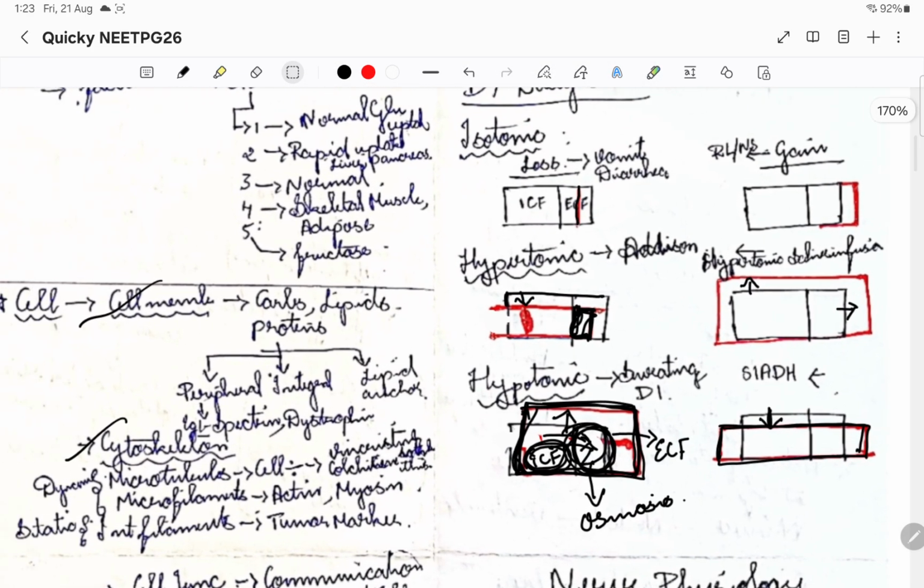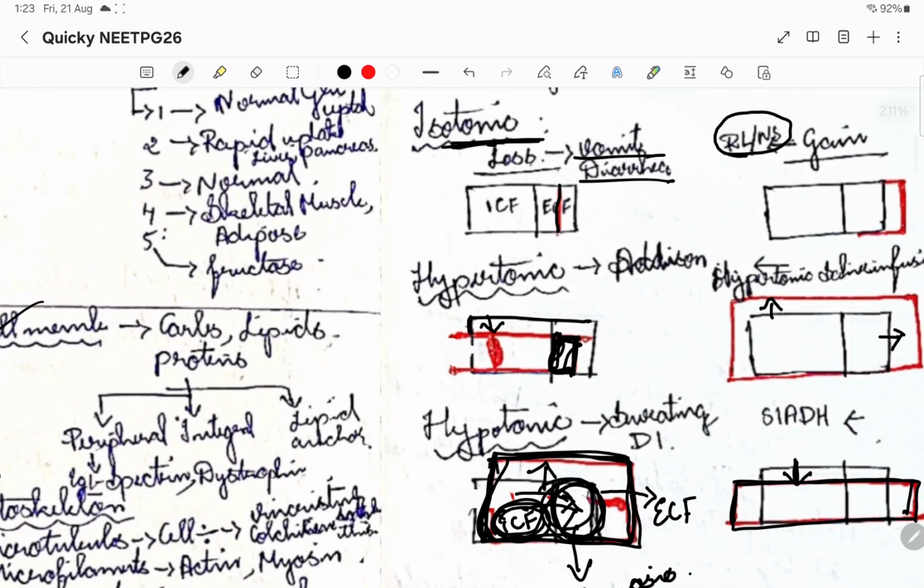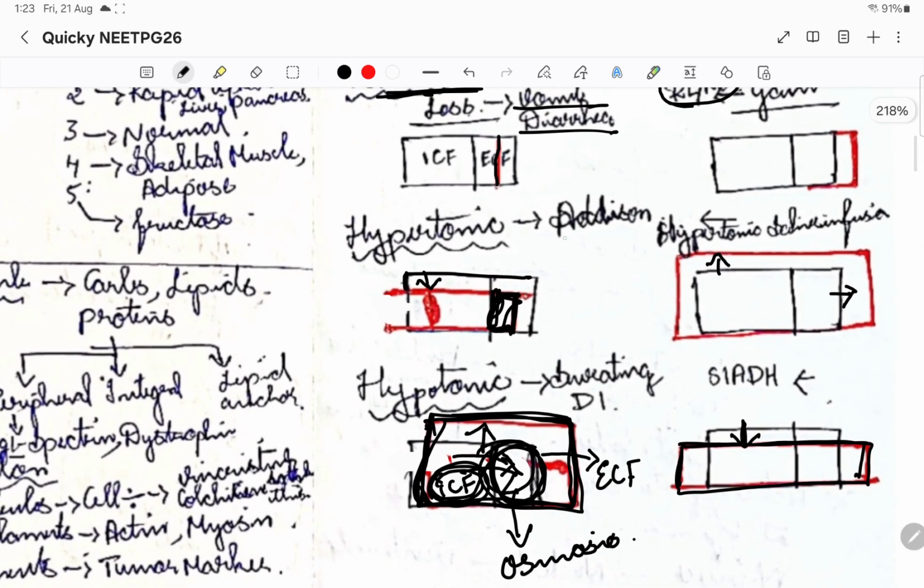Okay, so if there is isotonic loss, it is going to be vomiting or diarrhea, where we lose isotonic fluids. In gain, it is going to be Ringer lactate or normal saline, which is gain of isotonic fluid. Hypertonic solution loss means Addison's disease, where aldosterone is low.